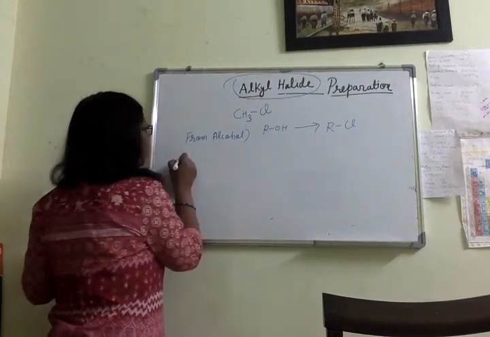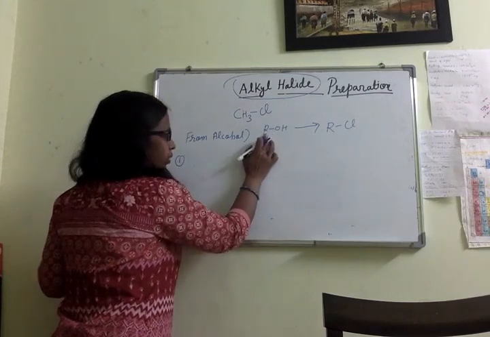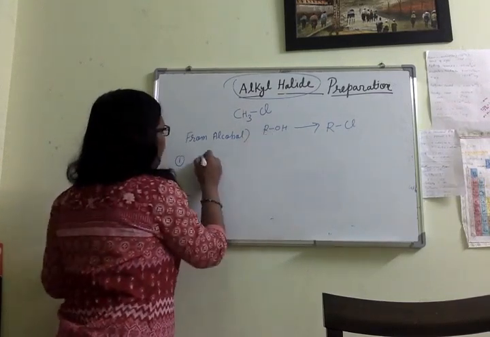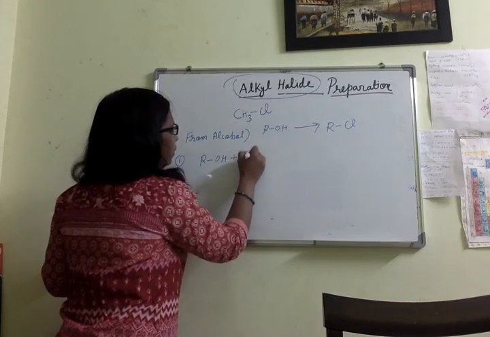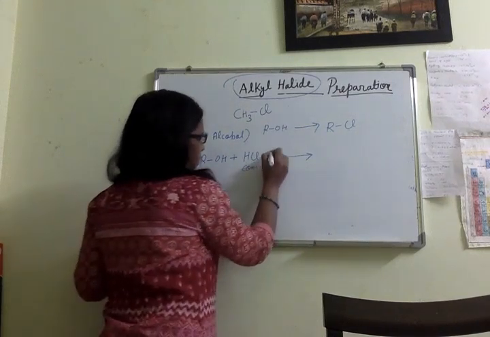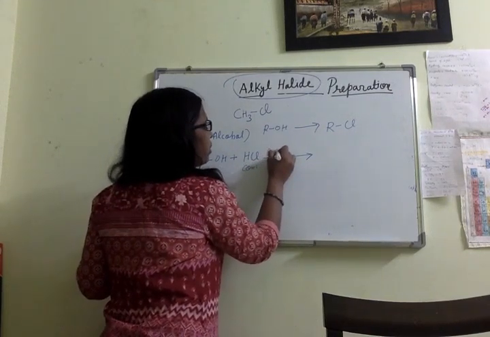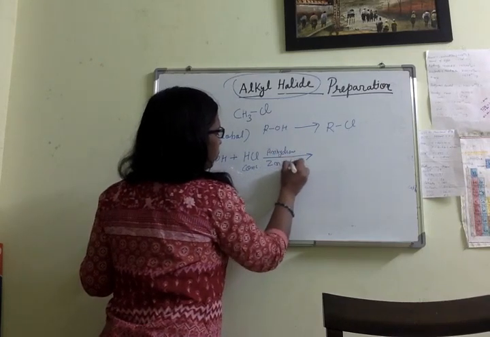First, if we take R as any alkyl group, ROH plus HCl, in presence of concentrated HCl and anhydrous, without water, zinc chloride, ZnCl2.